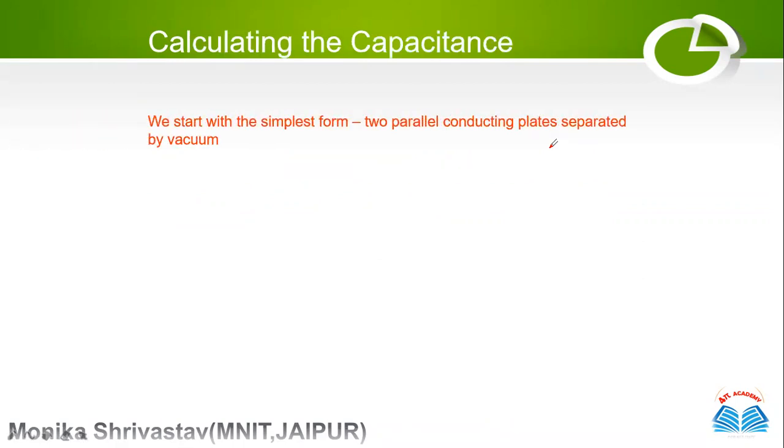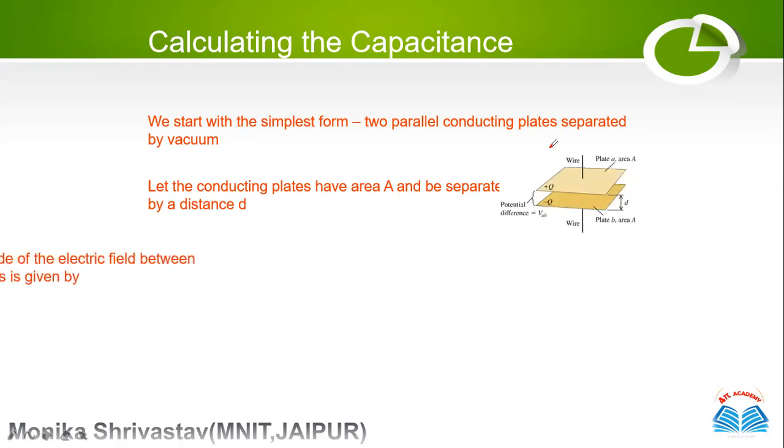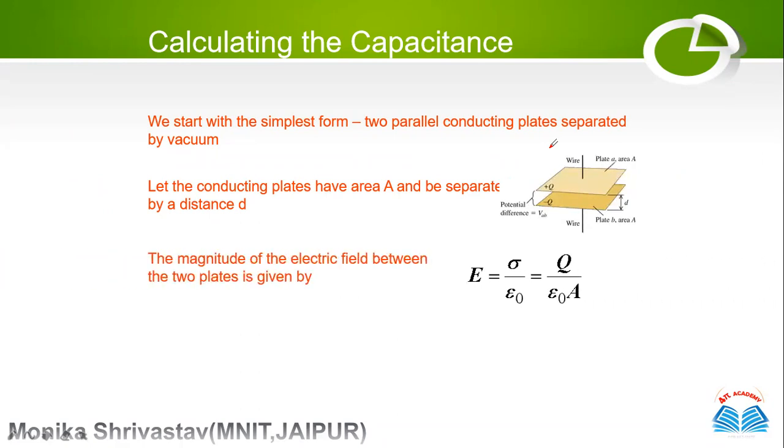While calculating capacitance, let the conducting plates have area A and be separated by a distance d. What formula will we use? For the electric field between them, we will use sigma over epsilon naught, which comes from Gauss law. You know these things.